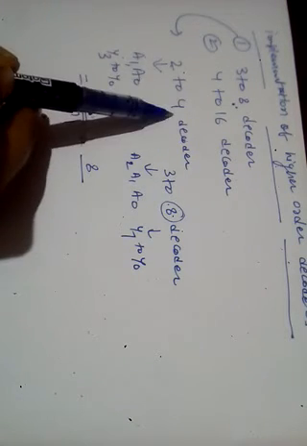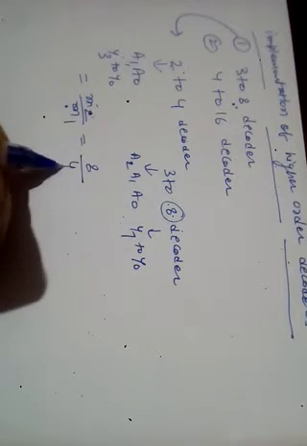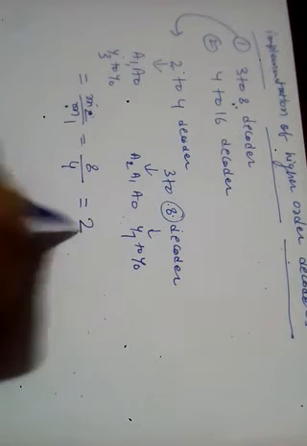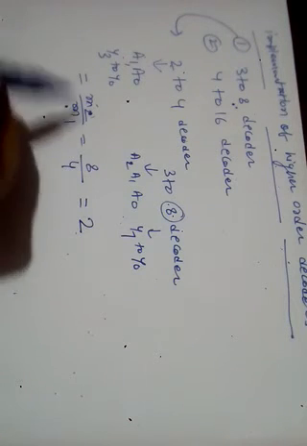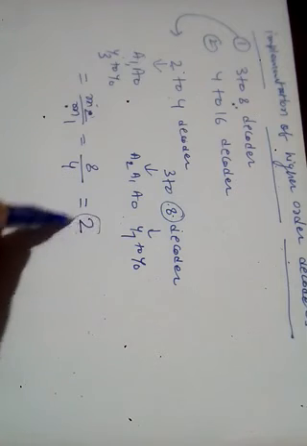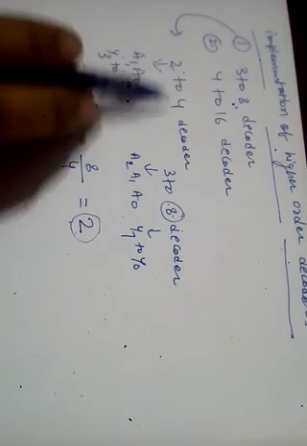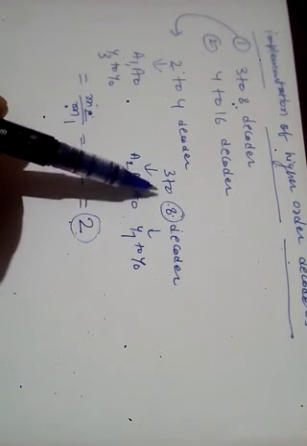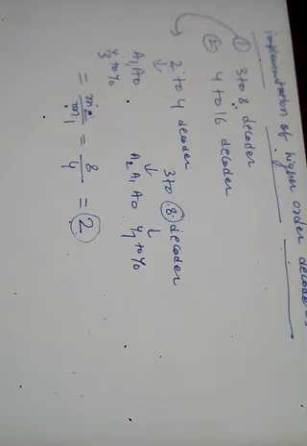So 8 upon 4 is 2. So the required number of 2 to 4 decoders is 2, meaning we need two 2 to 4 decoders to implement a 3 to 8 decoder. So let's check.